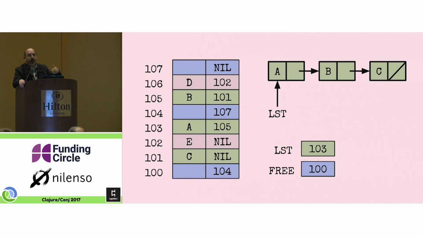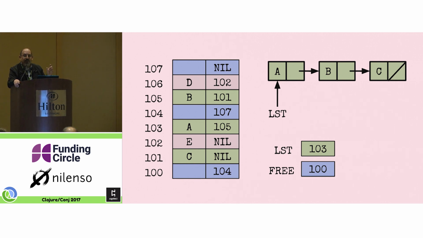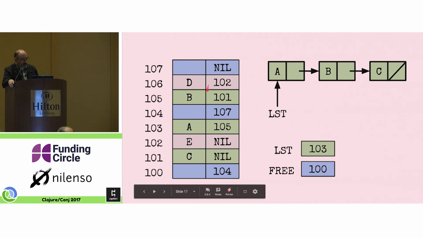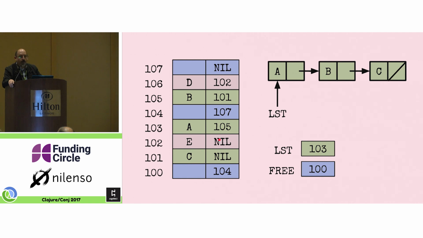So any time that we called cons, we basically returned what we had at the front of this list, and we updated the reference to free to the next element in that list. Here, what you see in gray would be cells that were no longer accessible from our program, so they could at some point be recycled.